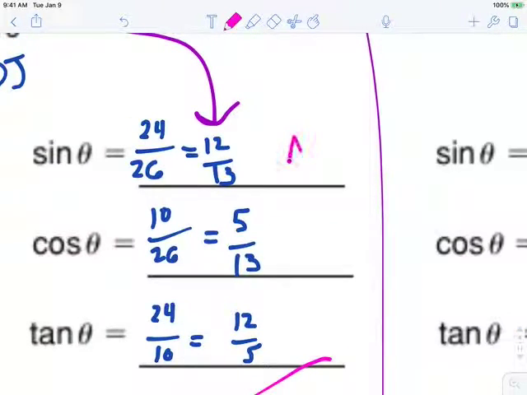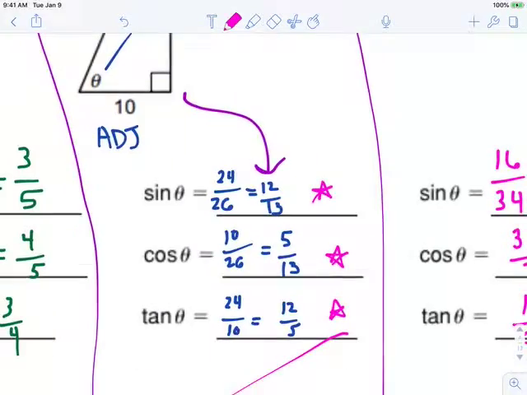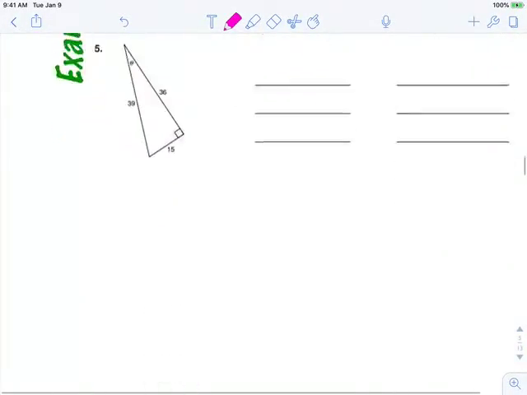If you're going to find cosecant of this one, what would cosecant be? Okay, what about secant? 13/5, and cotangent? Okay, so we got this, right? All right, so good. Got that.